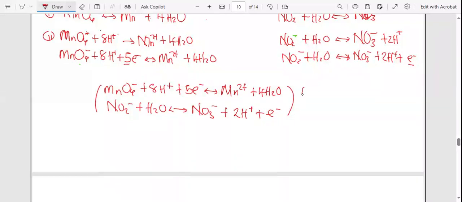This will be multiplied by 1 electron, and this will be multiplied by 5 electrons, so that we can balance this 5 and 5, then they will cancel. If this is to be multiplied by this 1 electron throughout, that means it will remain the same.